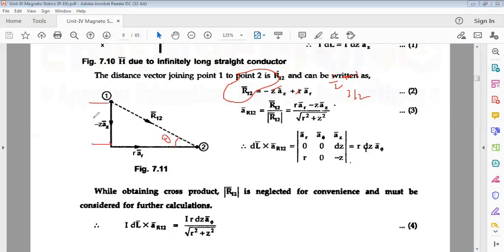The distance from origin to point 1 is z, and the distance from origin to point 2 is r. So tan theta is equal to opposite side z over adjacent side r. So z is equal to r tan theta from this right angle triangle.